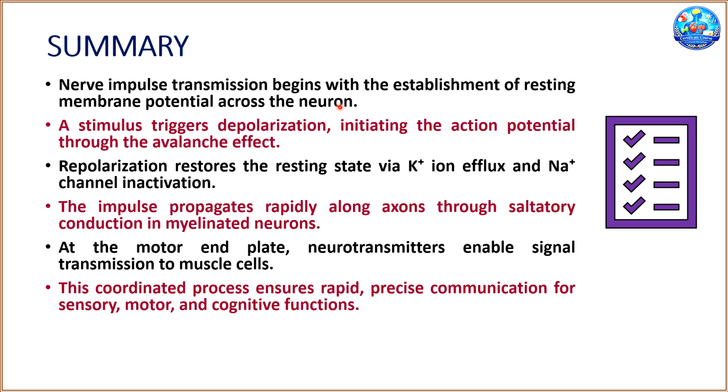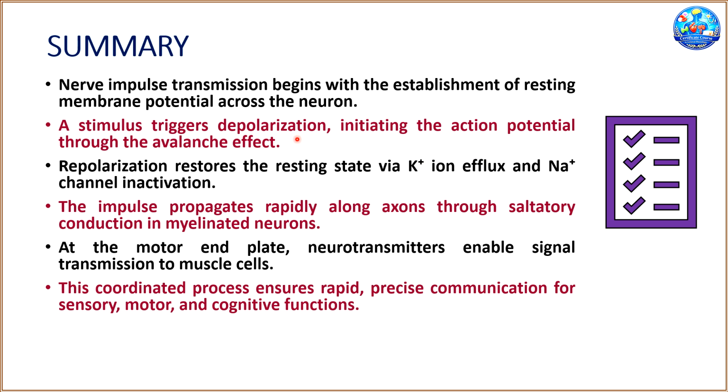Let us summarize what we have studied. The mechanism of nerve impulse transmission. It begins with the establishment of resting potential, the membrane potential across the neuron. Then when the neuron is stimulated, it triggers depolarization, and you see the avalanche effect followed by action potential establishment.